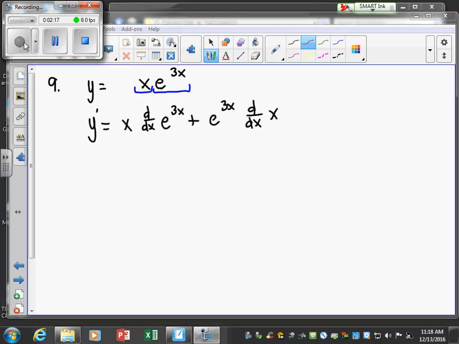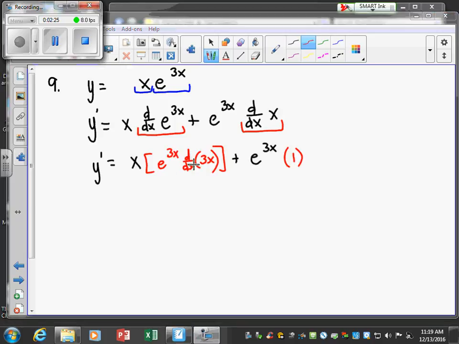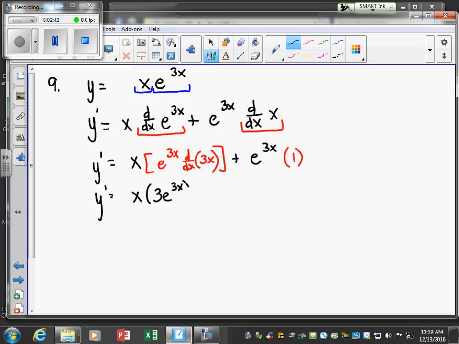Okay, the next step we're going to do is actually evaluate the derivative here and evaluate the derivative here. Just simplifying this step, what's the derivative of 3x? 3, so we just have 3e to the 3x here. If you'll let me simplify that, I'm just going to have x times 3e to the 3x plus e to the 3x times 1, which is just this.